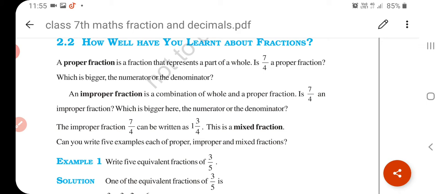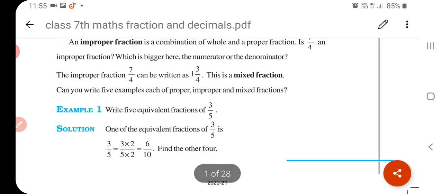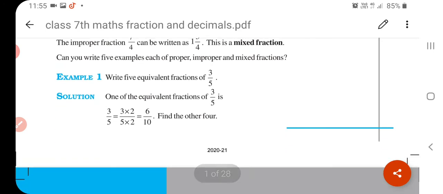And now we see how to write 5 equivalent fractions of 3 by 5. If we want to find an equivalent fraction, then what can we do? See, 3 by 5 is a fraction and we want to find the equivalent fraction. Equivalent means, as the name suggests, a fraction that is equal to it.